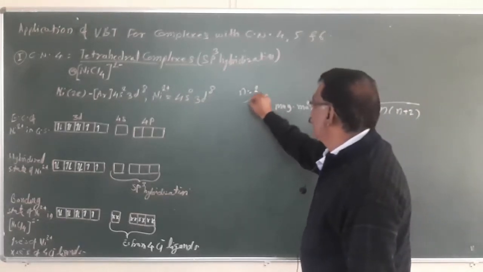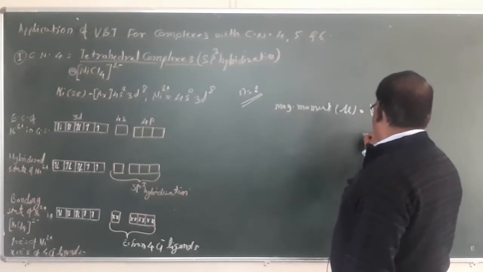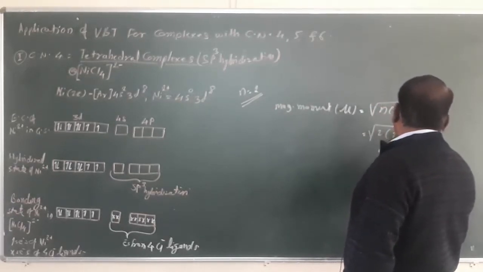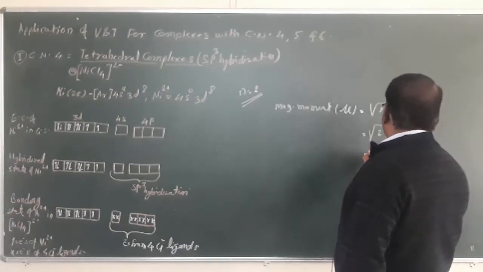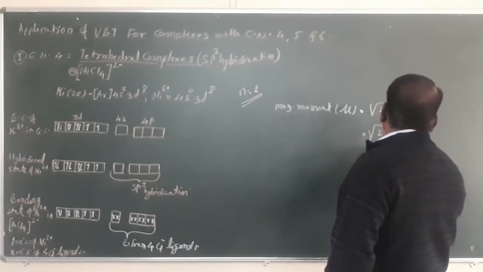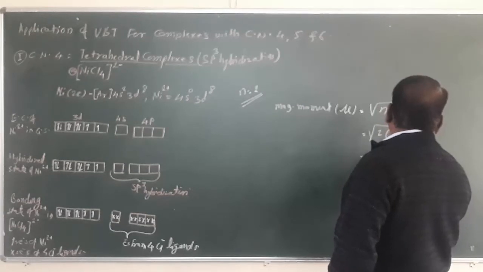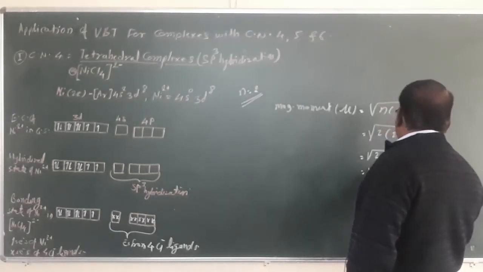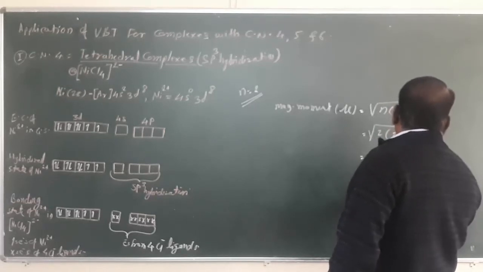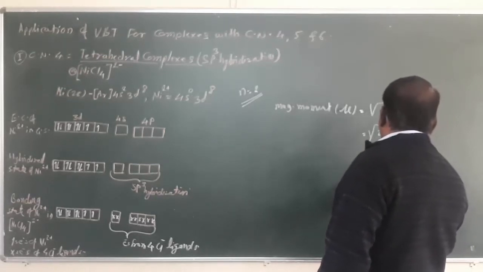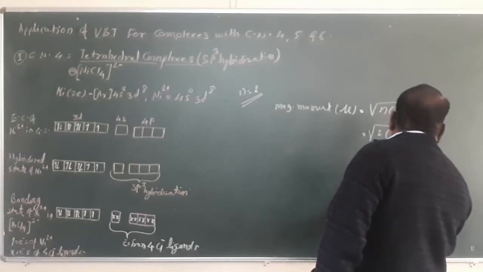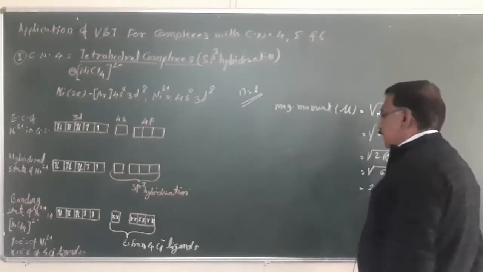Here n has the value 2. So here mu is equal to under root 2 in bracket 2 plus 2, which is equal to under root 2 in bracket 4, which is equal to under root 8, and this comes to 2.83 Bohr magneton.